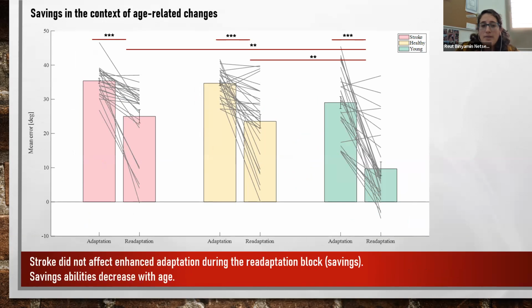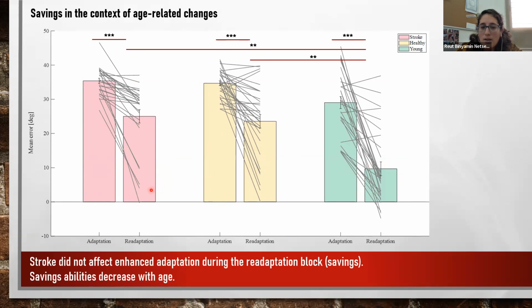Now looking at saving. This is our saving measure. Here is the mean hand angle in the first trials of the adaptation block and the first trials in the readaptation block for all groups. We can see, first of all, that all groups had a saving effect. We can also see that there wasn't a difference in saving effect between stroke and healthy.